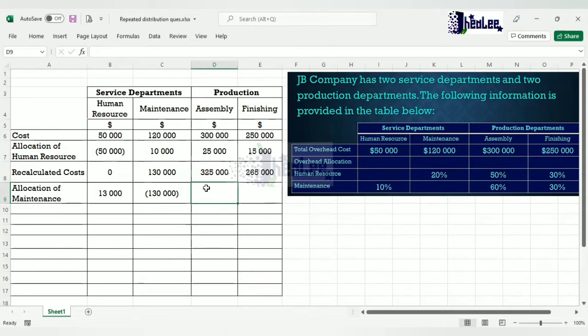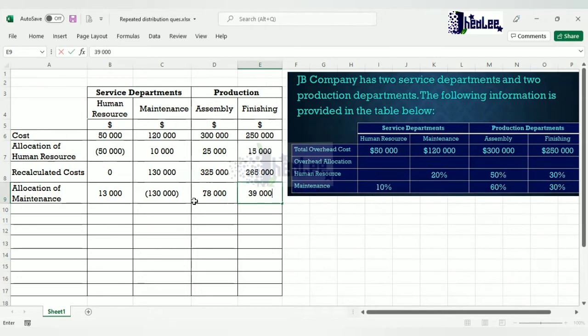So that is 60% of that 130,000, and that gives us $78,000. Back to the question, we're looking at the percentage that the maintenance department is supplying to the finishing department, and that is 30%. 30% of the 130,000, that is what you're sharing, would give us $39,000.